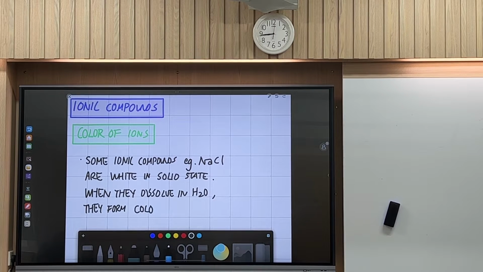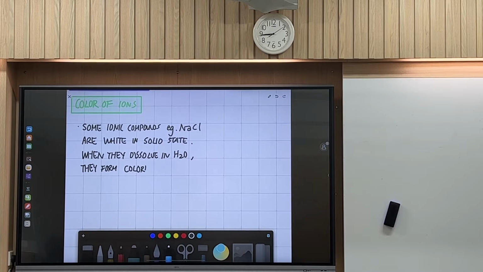You don't say the compound is colorless. The compound is white. Sodium chloride, the salt, is white. But when they dissolve, they form colorless solution. So how do we put down this rule? White ionic compounds, whenever they dissolve, don't form white solution. They form colorless solution. You know this as a fact.